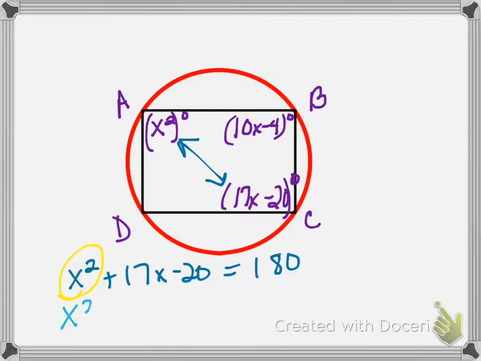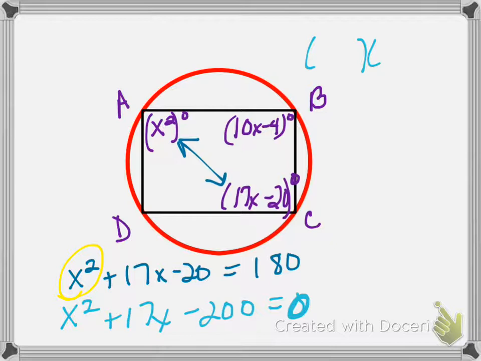So I'm going to end up with x squared plus 17x minus 200 equals 0. So I'm going to factor it. I think you guys use the box method. That's great. I've got x times x. I've got to think of factors of 200 that give 17.